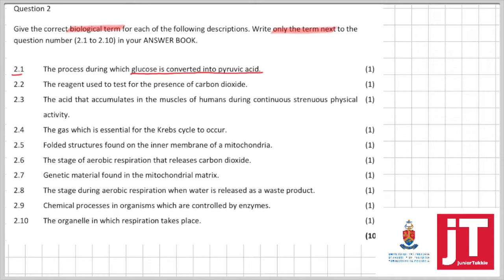So if we look at the biological term in which this fits, I would say that this fits beautifully into glycolysis, and I'm going to write that up there in the top right. So question 2.1 we have as being glycolysis.